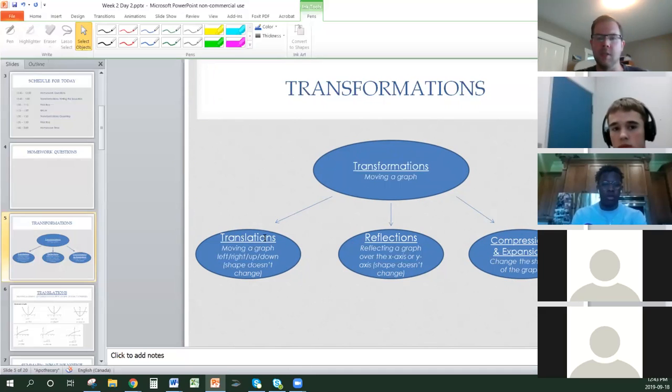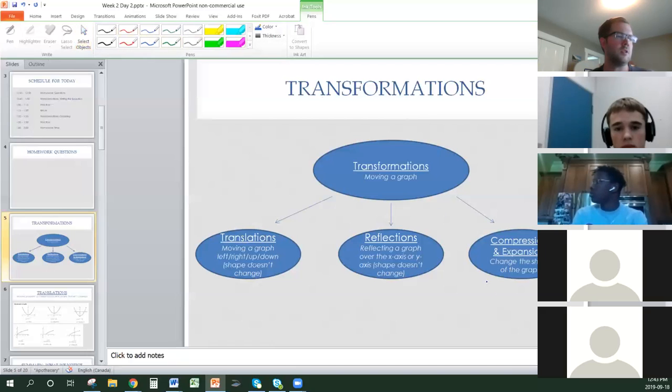As you would expect, it's just reflecting the graph over the x-axis, or over the y-axis. And then the final type is called compressions and expansions, and it's basically just changing the shape of a graph.